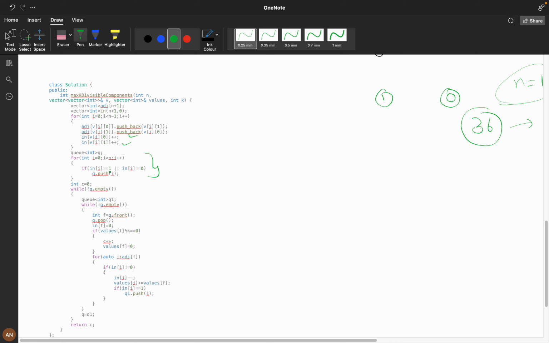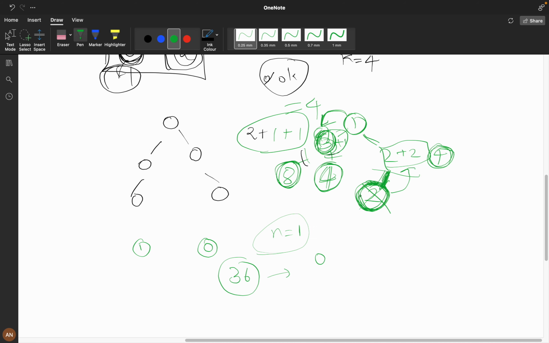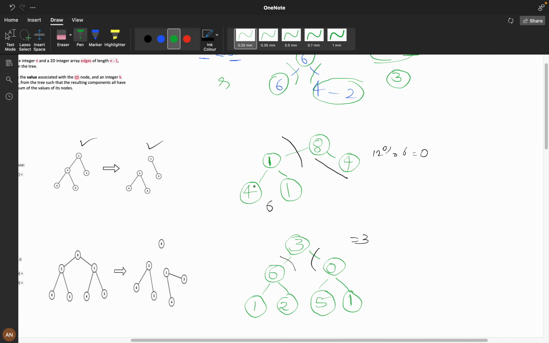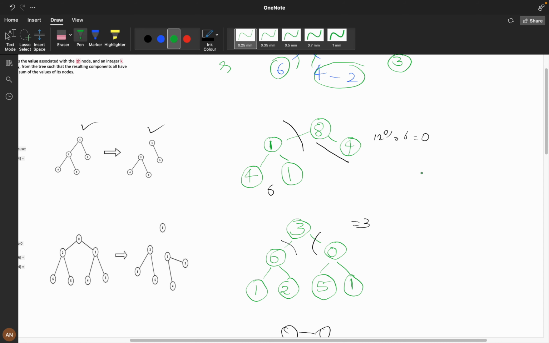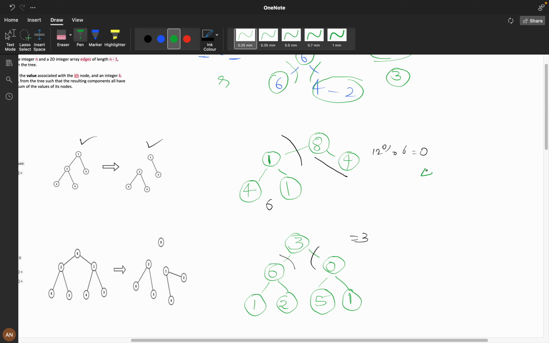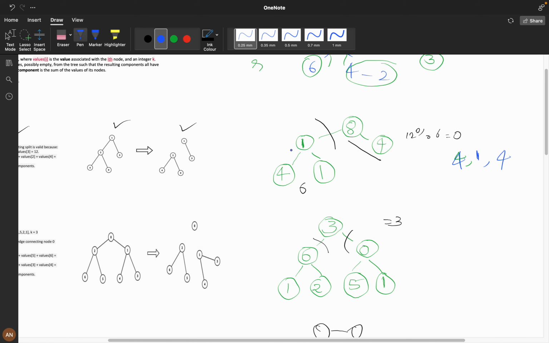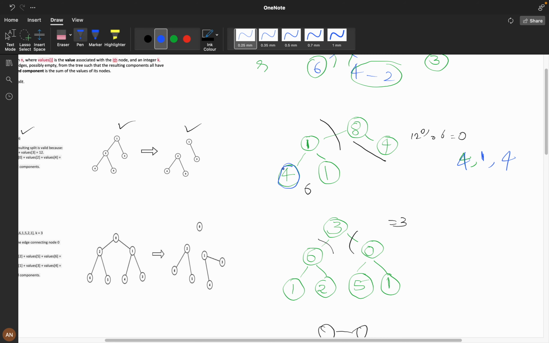If it is 0 or 1, we will push into the queue, in the same way which we have done here. We will push all the in degrees, 4 1 4. So my queue will be 4 1 and 4.